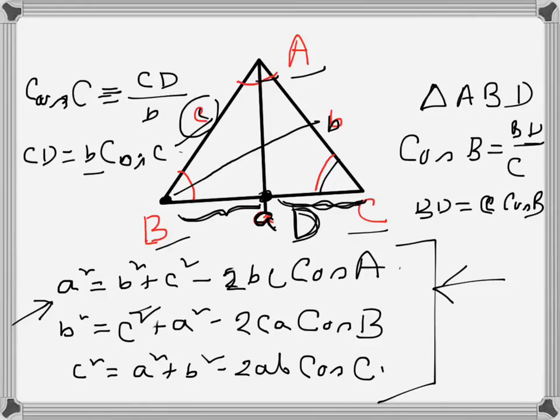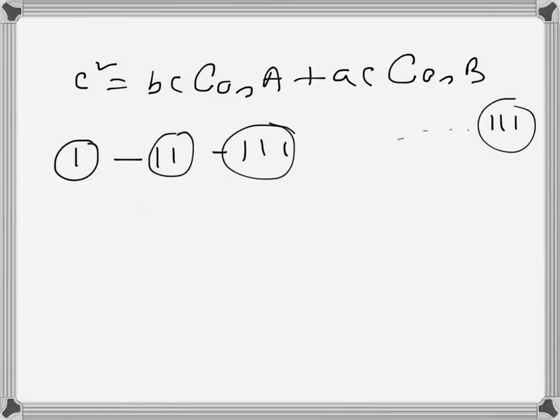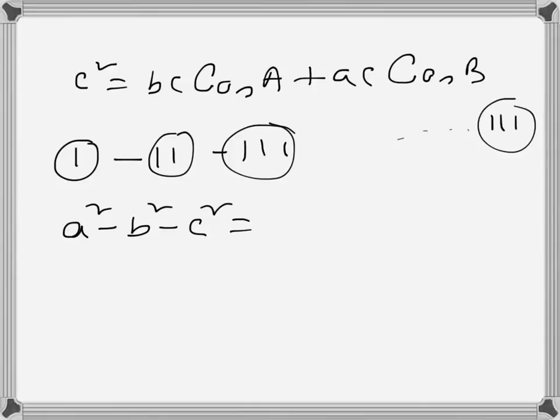Now we want to prove the first form of the cosine rule. To do that, I will take 1 and subtract 2 and 3 from it. On the left hand side I have a square minus b square minus c square. On the right hand side I have ac cos B, and I look if I have the same thing anywhere else, and I can see it is there. Since 3 is subtracted from 1, these two get cancelled.